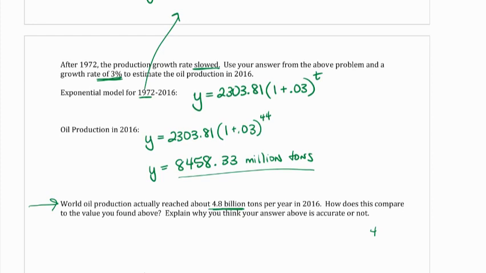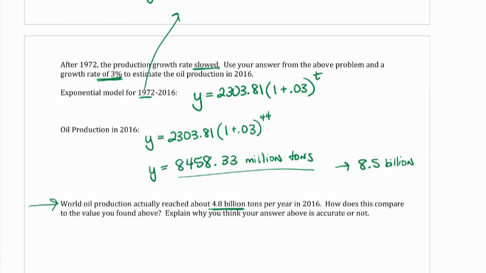Now it says world oil production actually reached about 4.8 billion tons per year in 2016. How does this compare to the value you found above? Careful here, because it might seem like this number is smaller, but the 8,458 million is actually 8.5 billion tons. So we still got a higher number.